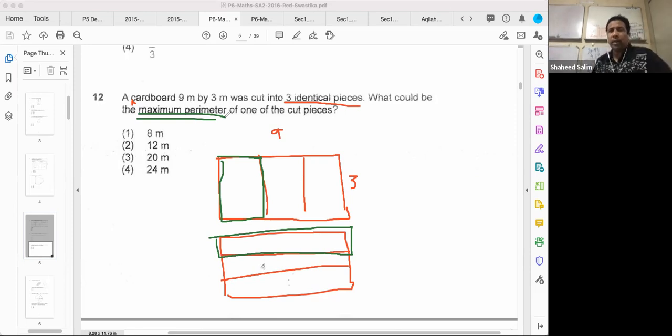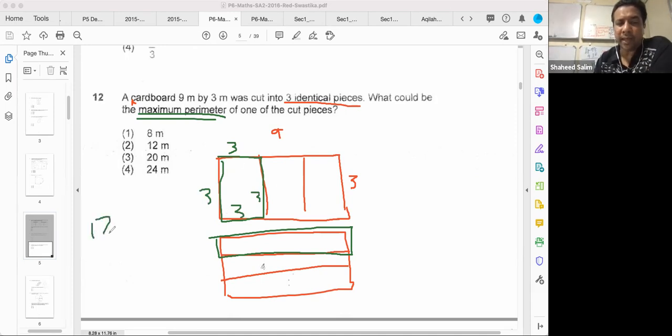Okay. So down here now, the cardboard is 9 by 3. So let's say if we divide this into 3 parts here. So this 9 for the whole thing, 1 must be 3. 9 divided by 3, get 3 cm here. So this 3, 3, 3, 3. So the perimeter will be 12 cm. But is that the answer? Wait for a while. Let's try this one now.